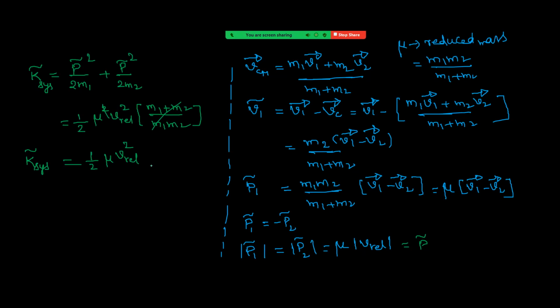Suppose you want to calculate now the kinetic energy in the ground frame, or you can say in any other frame. For example, I am taking a frame A. It can be any frame.